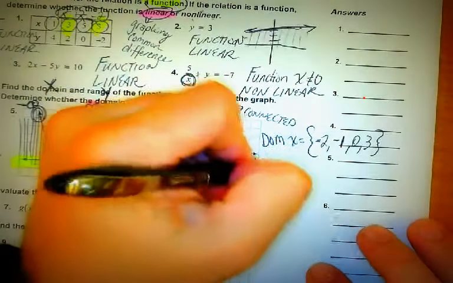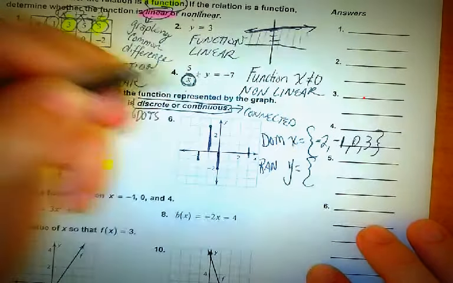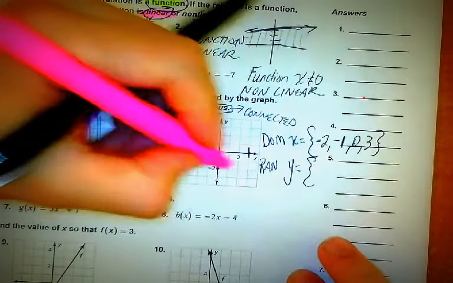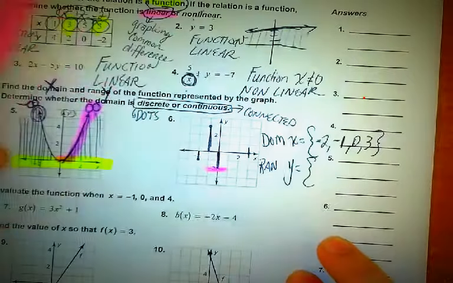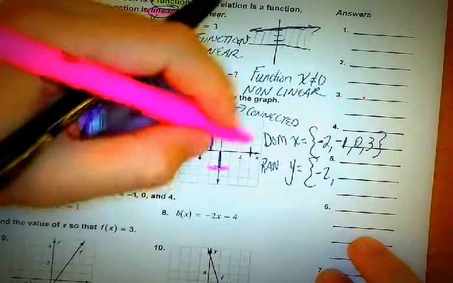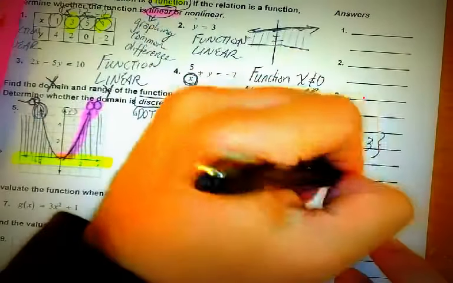My range is all of the y values. So I have a y value here at -2. I have a y value here at -1.